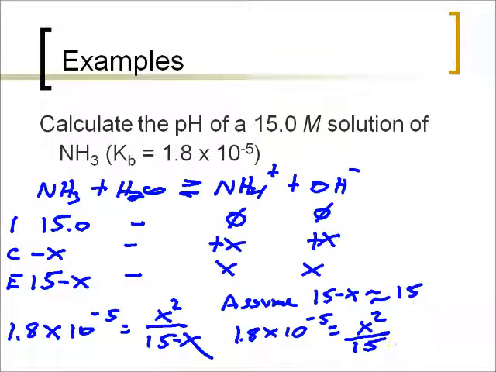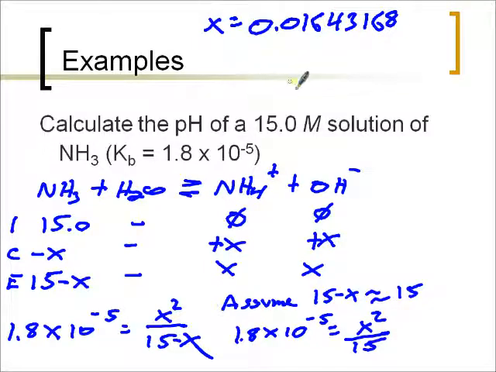Okay, so in this case, I have to solve for x in this expression. Just to speed up this process, I'm going to solve for x. Okay, and I get x equals 0.01643168, there we go. So I got a value for x, that's great, but since I made an assumption, I have to double check my 5% rule.